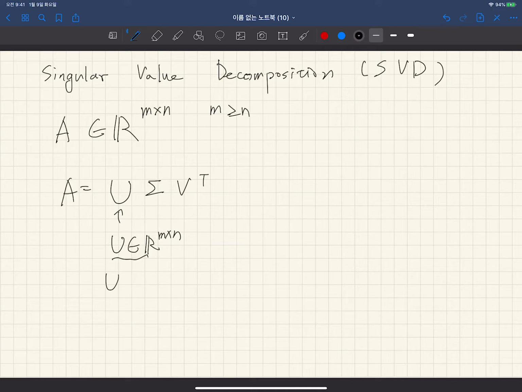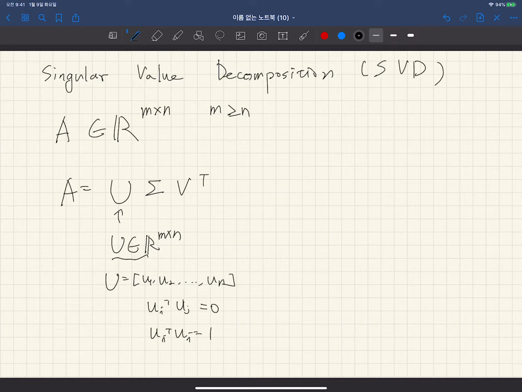Which means if U consists of n columns, then Ui transpose Uj, the inner product between two different columns, always equals 0, and Ui transpose Ui, the length or norm of each column, is equal to 1.